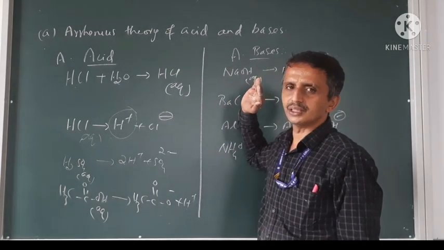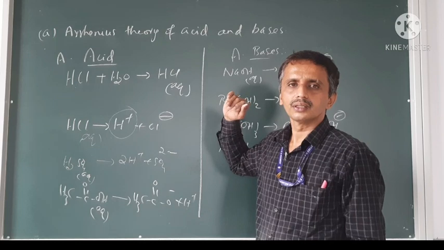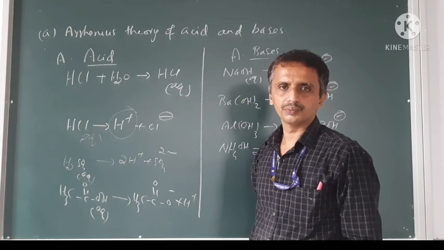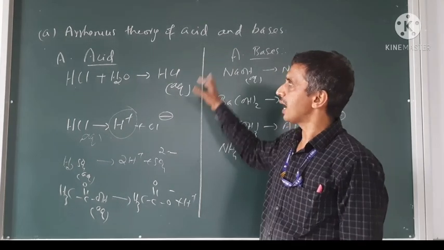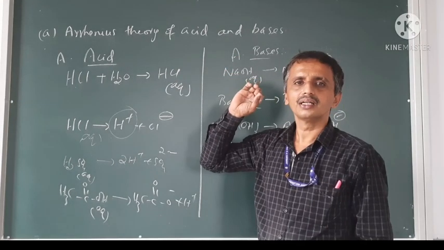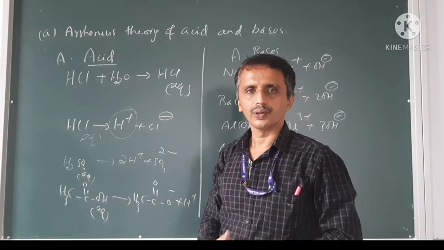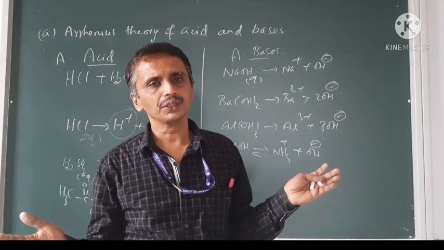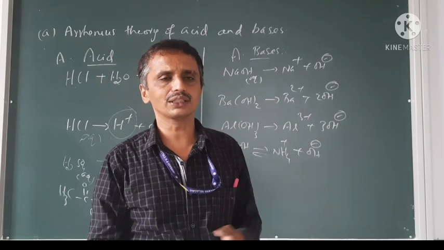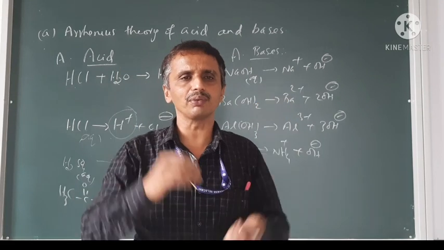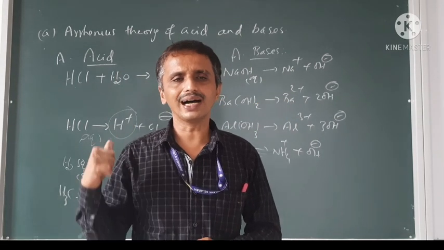And Arrhenius theory takes into consideration only the aqueous solution. Therefore, Arrhenius theory has limited application also. We cannot explain each and every acid or each and every base through Arrhenius theory.